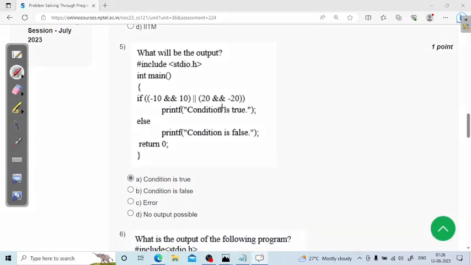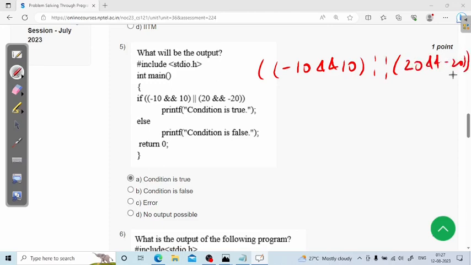The next question says again the same thing, a trickier question, so please listen very carefully. If, and in the bracket it's written -10 and operator 10, and here we have the or operator followed by 20 and -20.